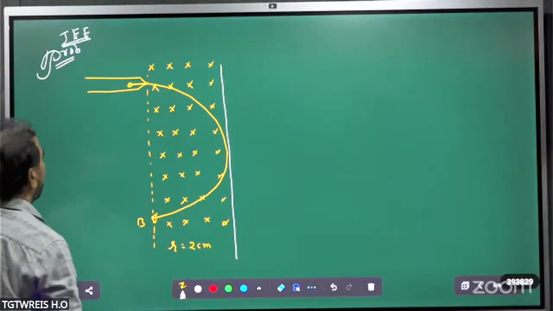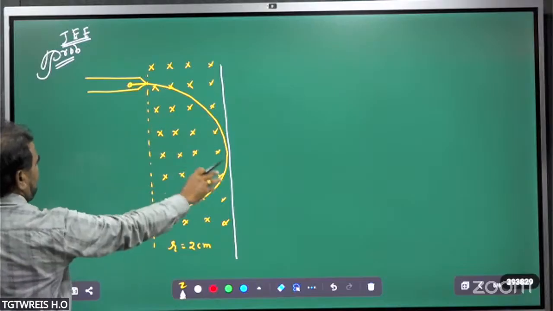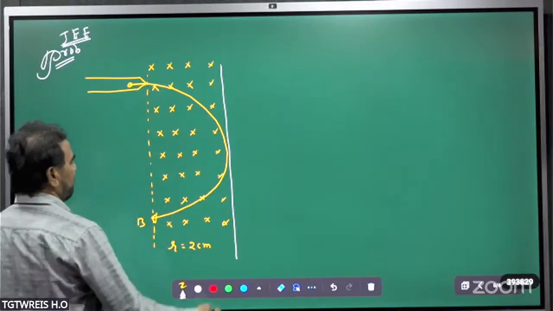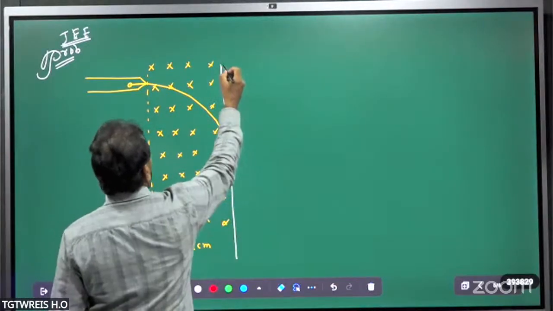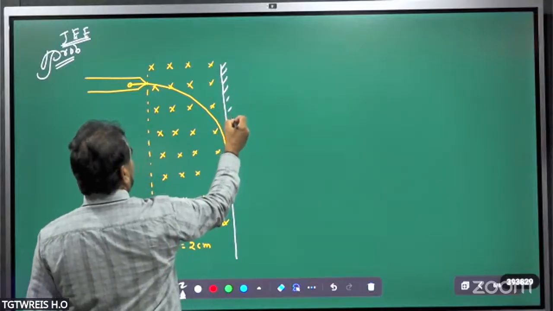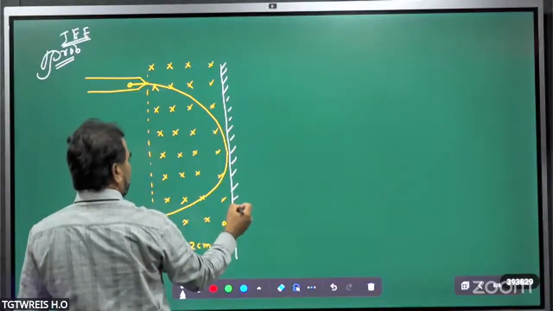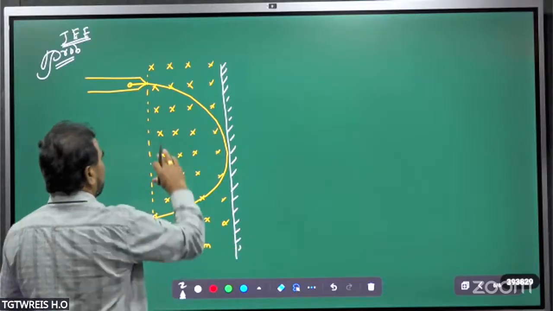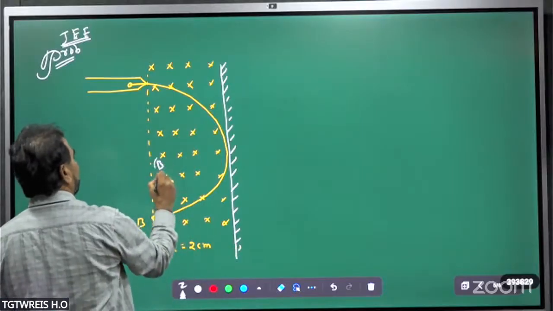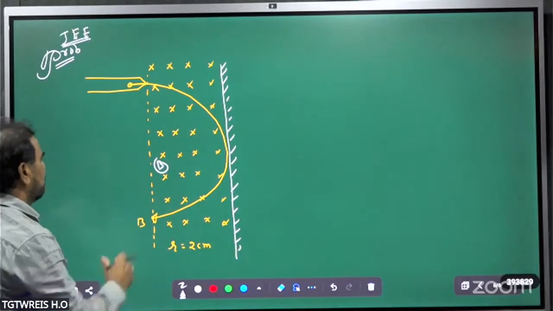It comes like this, but it could not touch the screen, because the magnetic field prevents it from touching the screen.